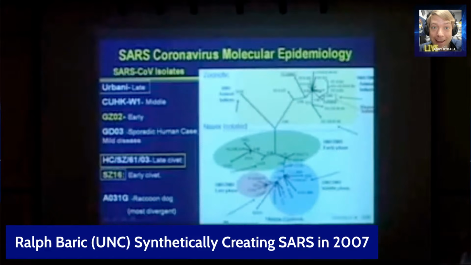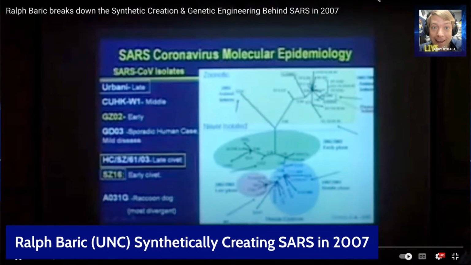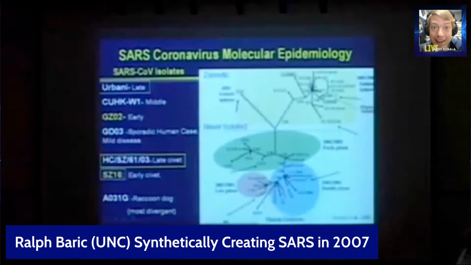So one of the immediate goals that we became interested in during the outbreak was to develop a platform of viruses that captured the heterogeneity that exists within the family of viruses. And to do that, we identified representative strains. For example, early phase isolate Urbani we had in the lab.